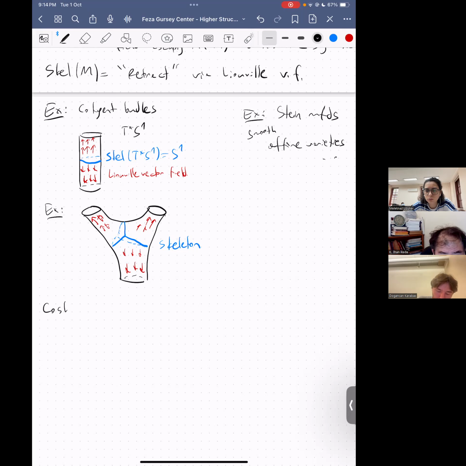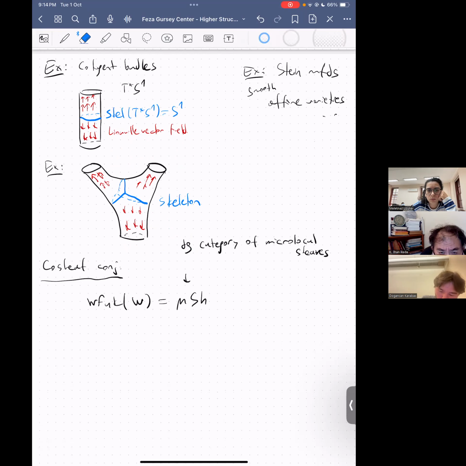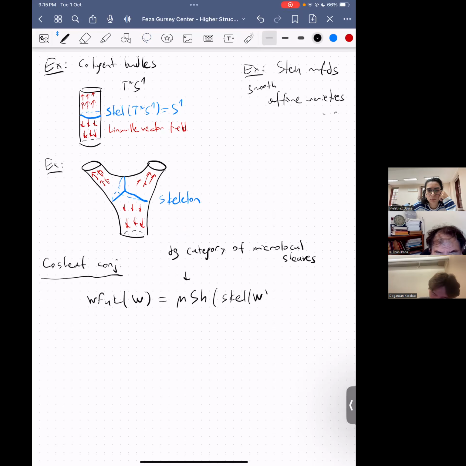And Kashiwara's conjecture says that the Fukaya category of this W is given by the DG category of microlocal sheaves on the skeleton.